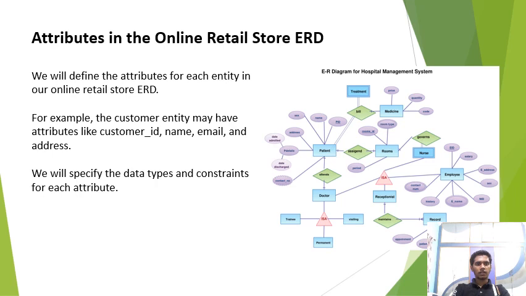Attributes in the online retail store ERD. We will define the attributes for each entity in our online retail store ERD. For example, the customer entity may have attributes like customer ID, name, email, and address. We will specify the data types and constraints for each attribute.